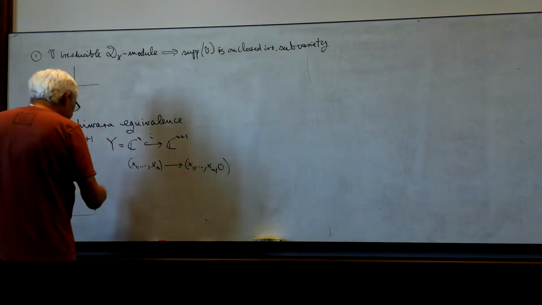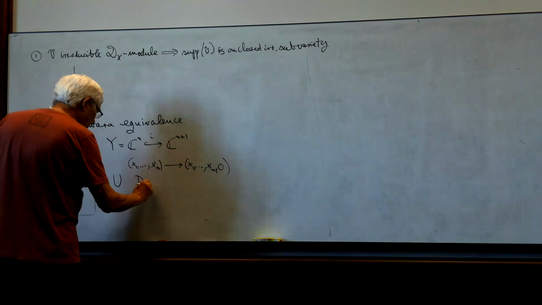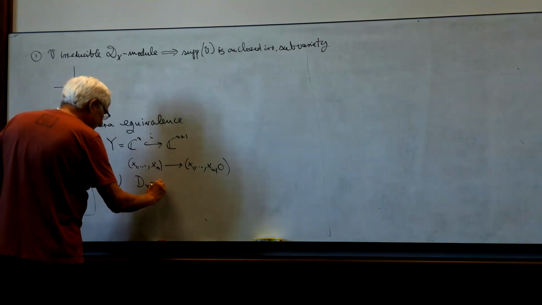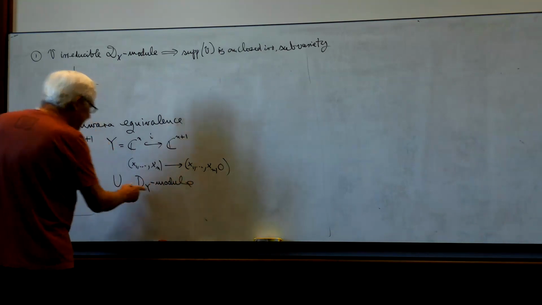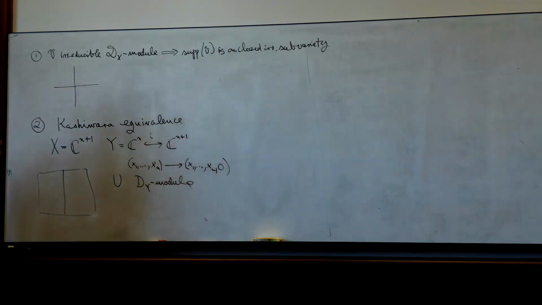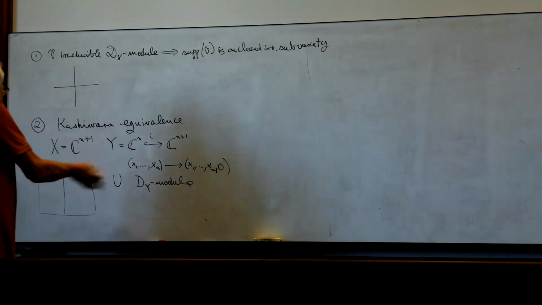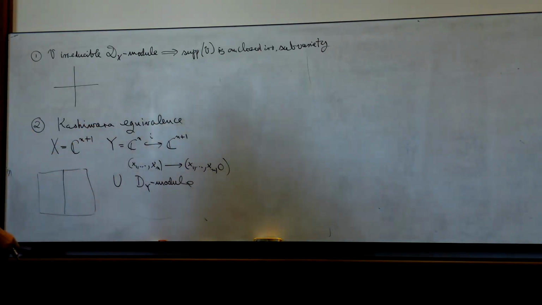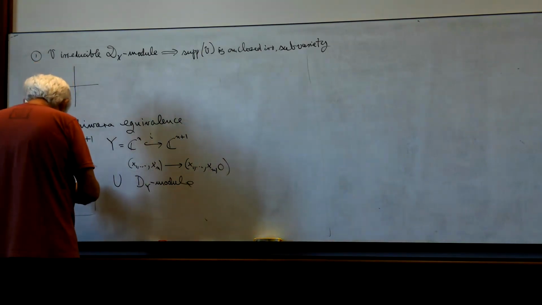And then if we take U to be the D_Y module, here this D_Y is just global differential operators on C^n. So these are differential operators. You can localize this, and then of course you get the corresponding sheaf-wide statement.